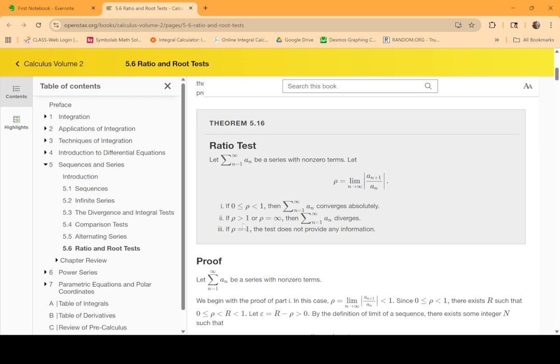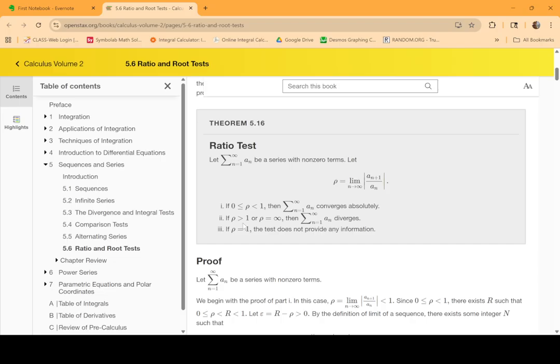If the value of rho is greater than 1 or infinity, then we say the series diverges. The third case would be if rho is equal to 1, then the test does not provide any information. In other words, inconclusive.